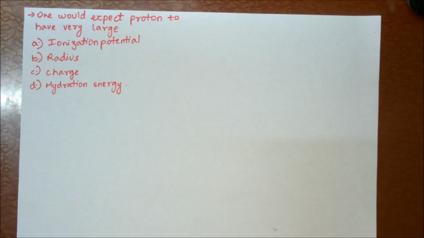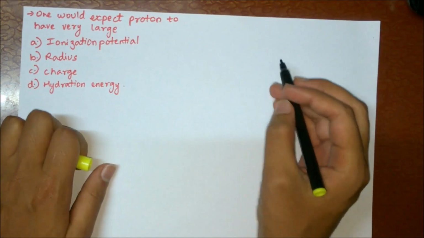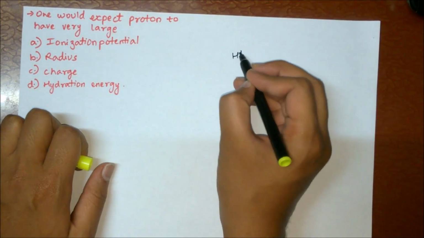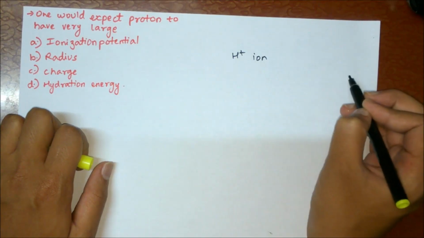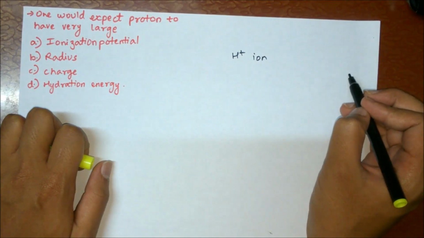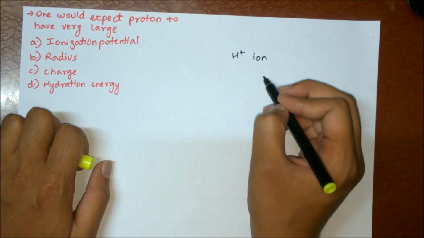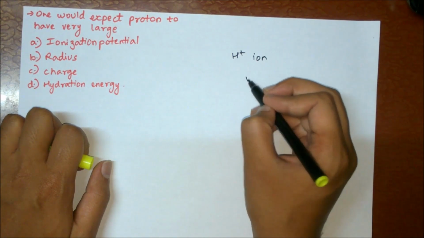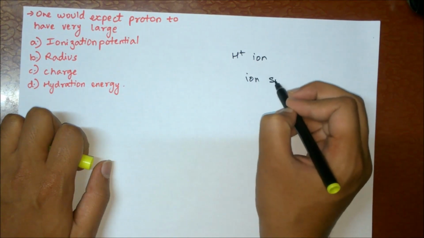One would expect a proton to have very large: A, ionization potential; B, radius; C, charge; D, hydration energy. H plus ion will have very large hydration energy due to very small ionic size.